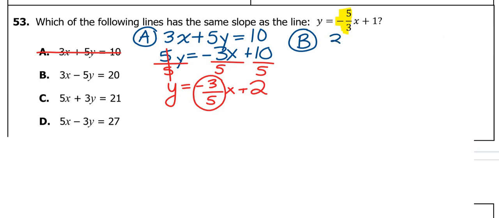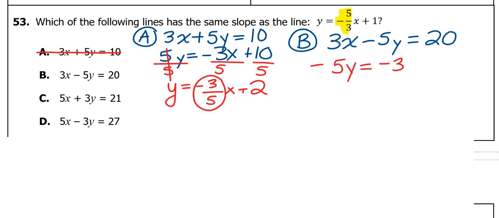I'm going to rewrite it again. 3x minus 5y equals 20. So subtract 3x from both sides. I'm not even going to write it because we know how to do this already. You have negative 5y equals negative 3x plus 20. Divide everything by negative 5.